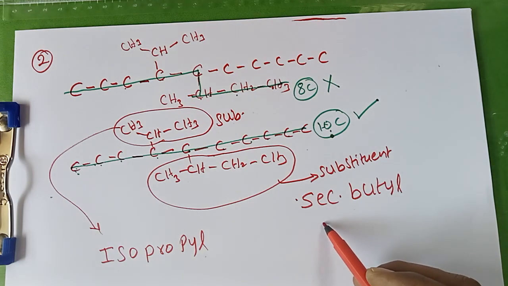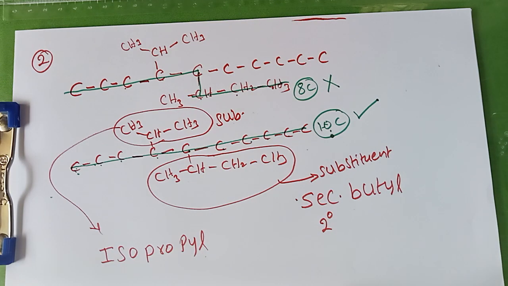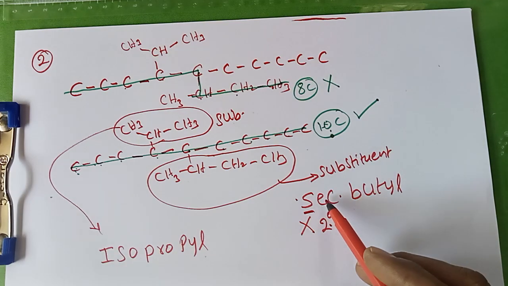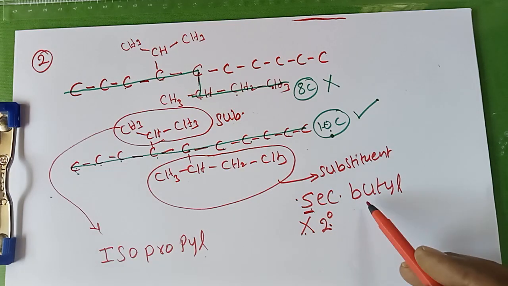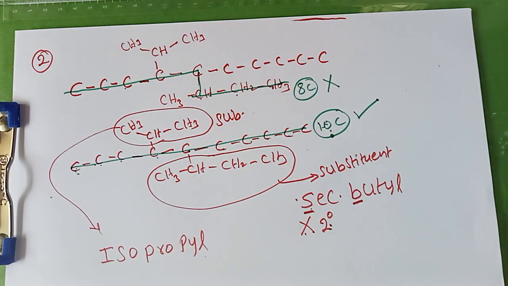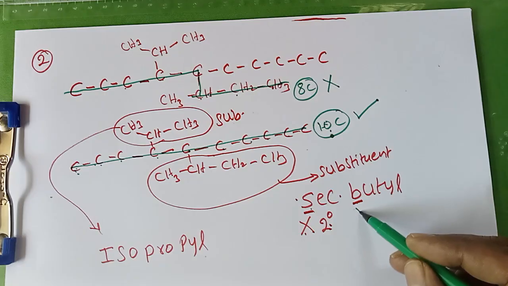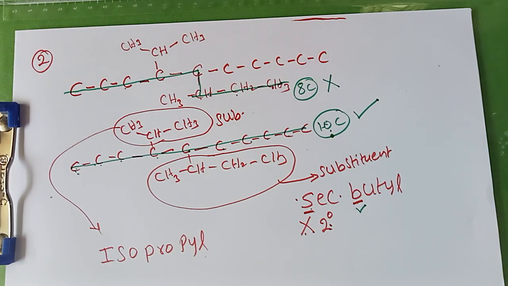Secondary is a number, it is 2 degree. So for this one, don't consider the S alphabet, because it is a number. Secondary is also written as 2 degree. So don't consider the S alphabet. Next what is that? B. So you consider the B alphabet in secondary butyl.